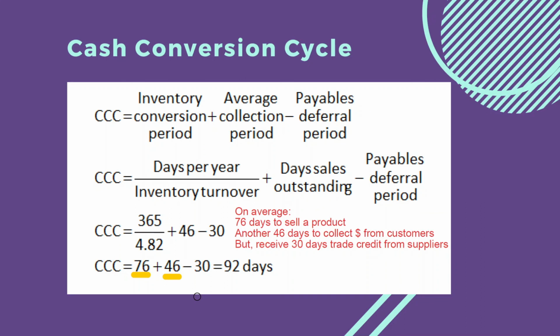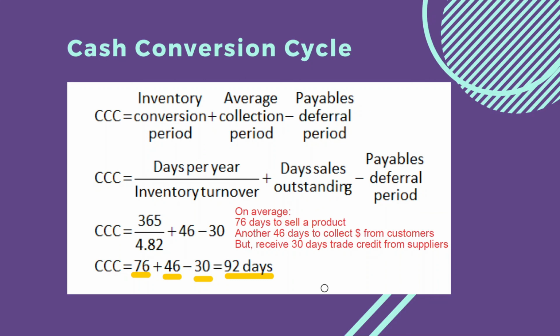The cash conversion cycle will subtract the number of days that the company receives trade credit from the suppliers. In this example, the supplier provides credit terms of 30 days. So 122 days subtracted by 30 days, the cash conversion cycle is net 92 days.